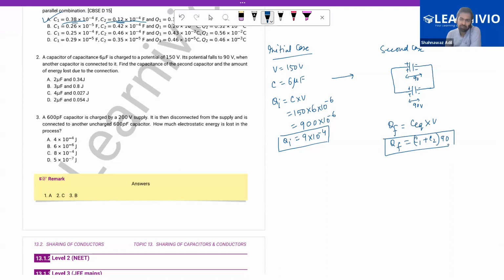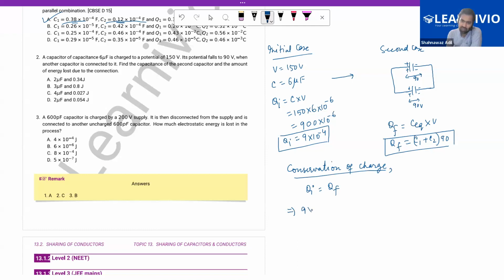Now from conservation of charge, we have Q initial equal to Q final.